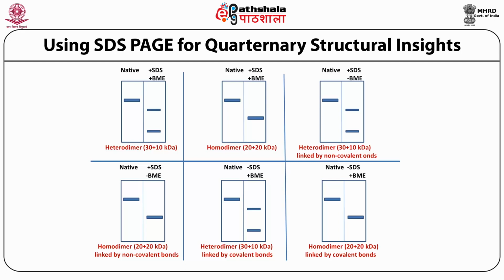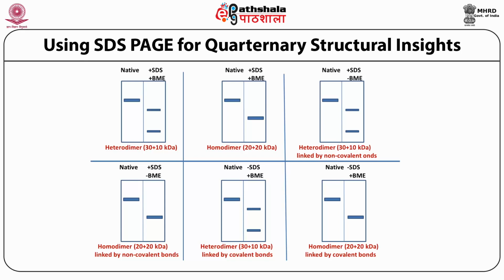Again, it indicates that beta-mercaptoethanol, a reducing agent, has cleaved the disulfide bonds between the subunits, still resulting in a single band, thereby helping us to conclude that the protein in the study is a homodimer formed by two subunits of 20 kilodalton each linked by covalent bonds. Thereby, it is very clear that SDS PAGE is a very effective tool in understanding quaternary associations in proteins.